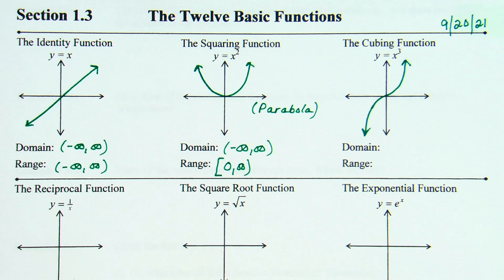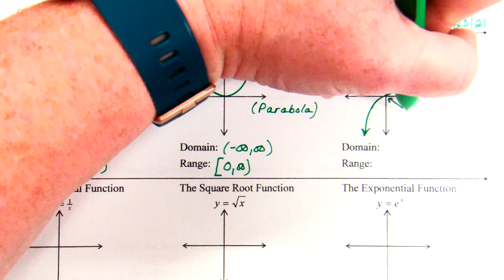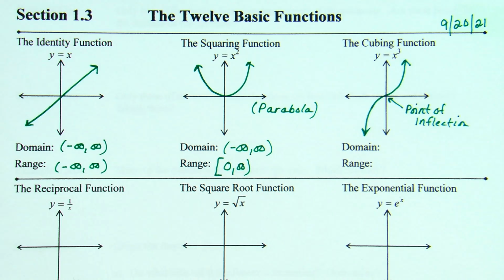A little bit of vocabulary: that point at 0, 0 where it turns is called the point of inflection. It's where it changes from being curved down to curved up, which we haven't talked about, concavity, but okay.